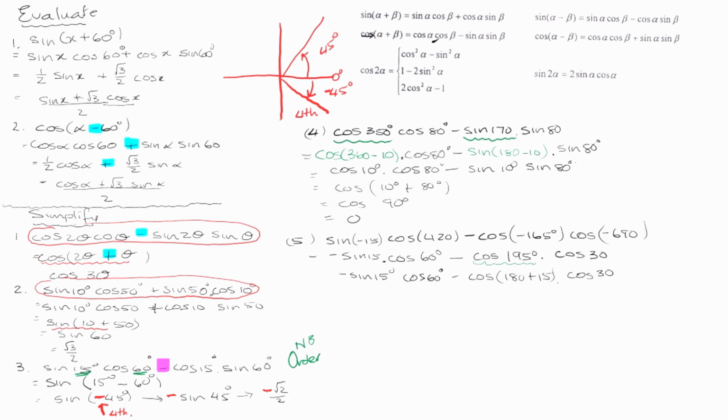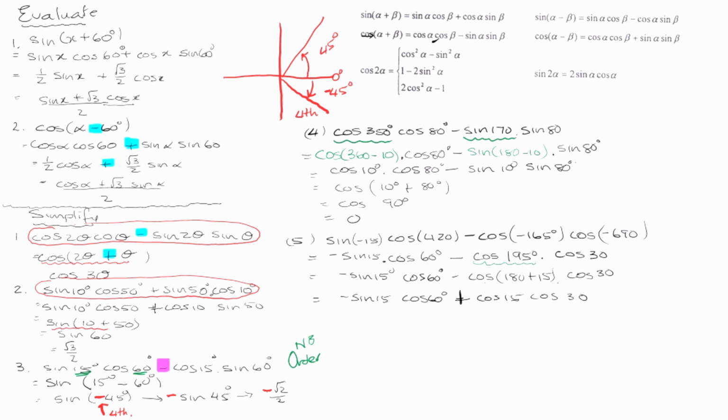Right, which then gives us negative sine of 15 cos of 60. Don't be tempted to change that to a special angle, otherwise you're going to be stuck with what to do with the 15s later on. Minus cos in the third is negative, so that now becomes a plus cos 15 cos 30.